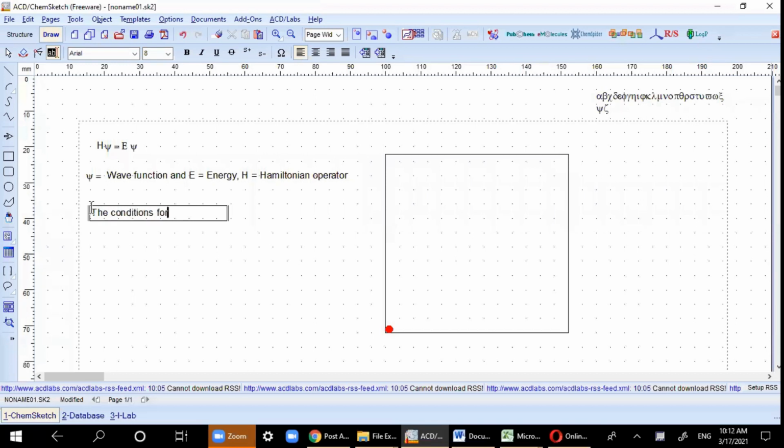Let us discuss why we have to assume them. The first condition is that the wave function is continuous, the second is that the wave function is finite, and the third is that it has a single value at all points.